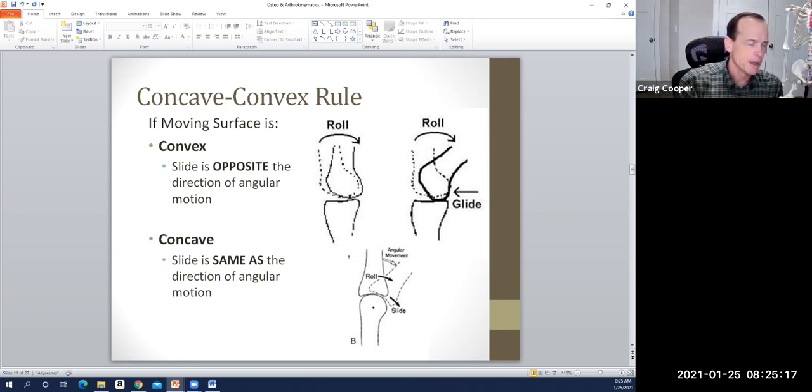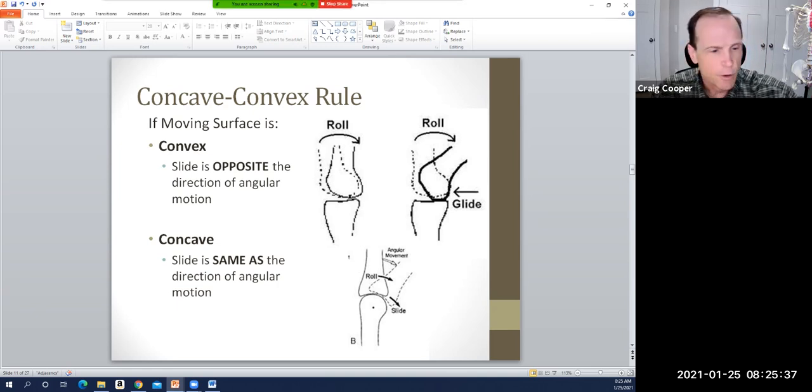With the spine, we don't really have the ability to glide things side to side very effectively, at least in the thoracic and the lumbar spine. The thoracic in particular. The lumbar, we can do it a little bit. Cervical's easier because you can control the head and move it a little bit more discreetly than trying to move a thoracic vertebra. So convex and concave, everybody good on that? Okay.